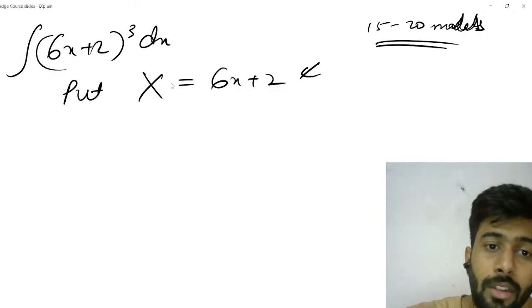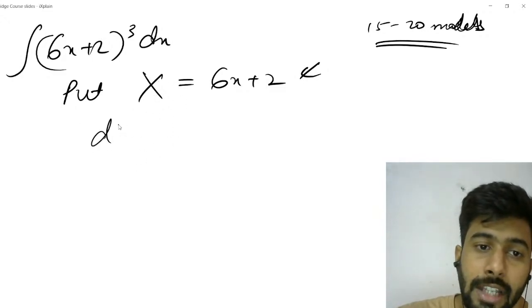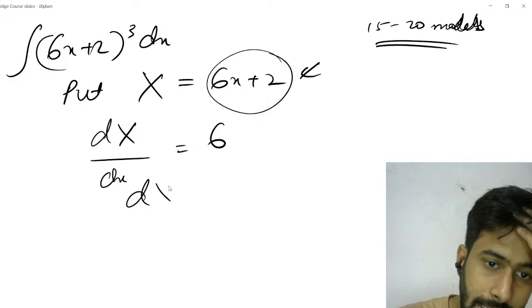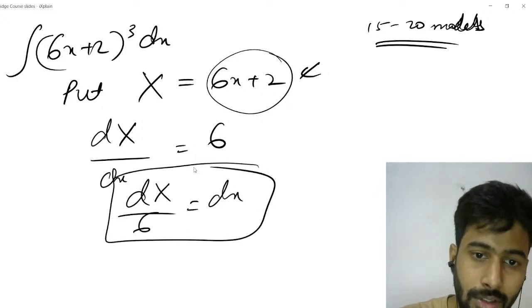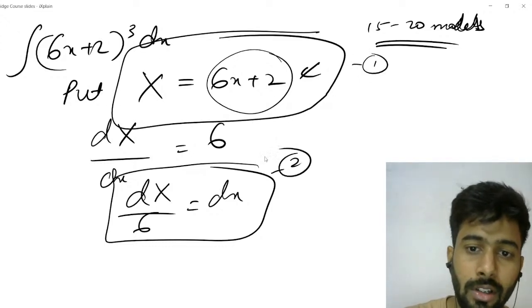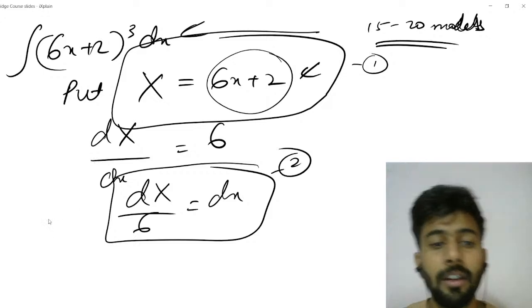Okay. So now differentiate capital X with respect to small x. You will get a 6 when you differentiate this function. So d capital X by 6 is d small x. So we will use these two, 1 and 2, to reform this integral.